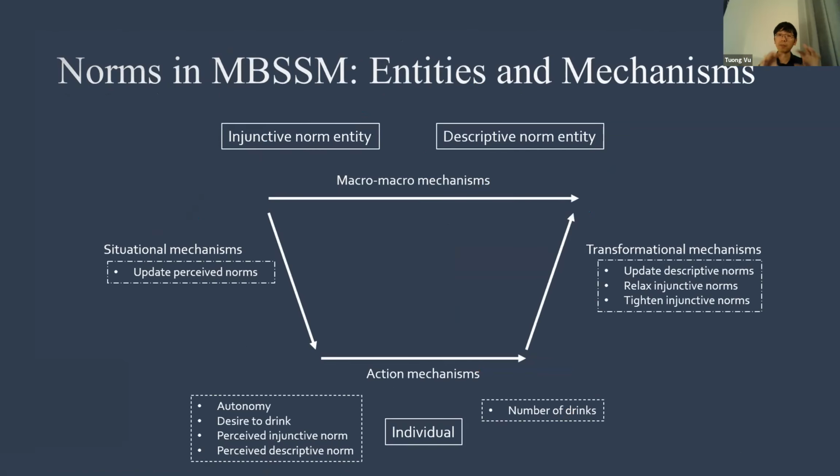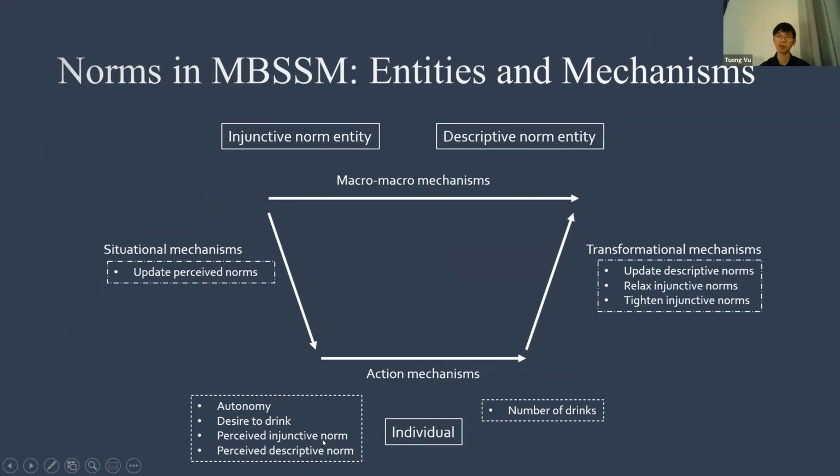Mapping all of that from the norm theory into the MBSSM architecture, in the situational mechanism we have an update of the perceived norm, where the individual looks at the norm from the macro level and then has their own perceived norm.